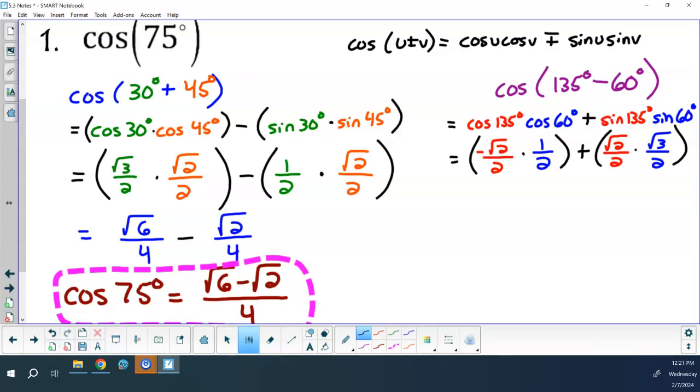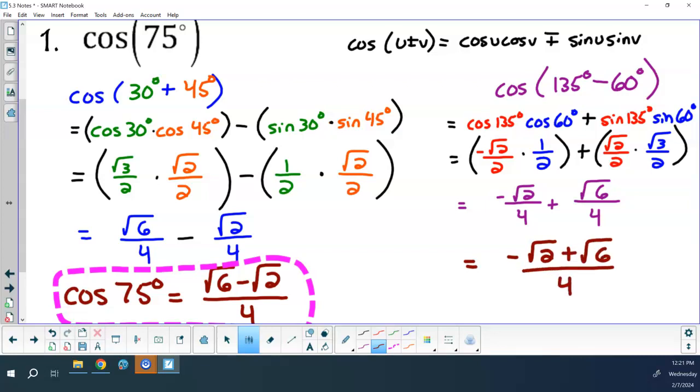First fraction is negative root 2 over 4. Second fraction is square root of 6 over 4. So this one gets me negative square root of 2 plus the square root of 6 over 4. Are those the same? Yep, those are the same. Yep, those both work.